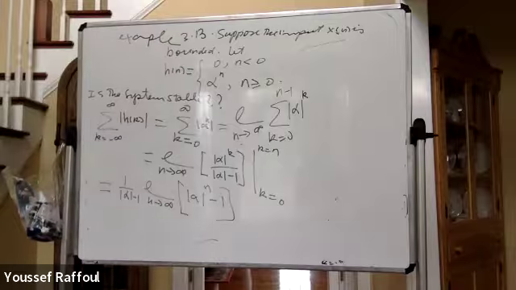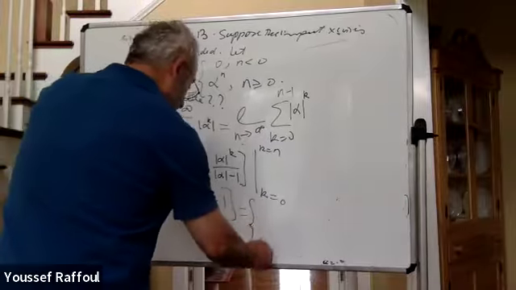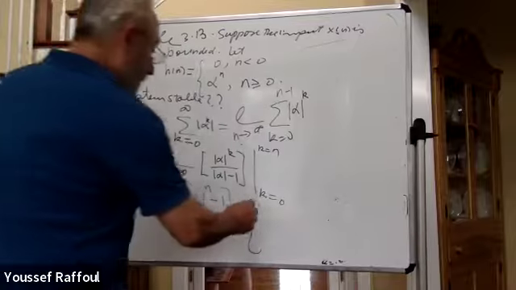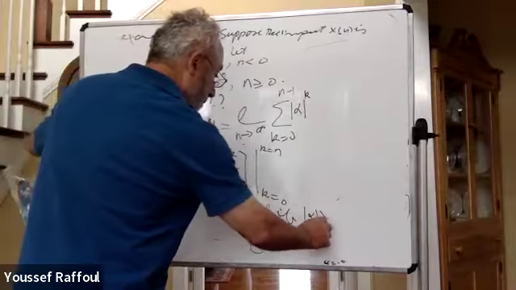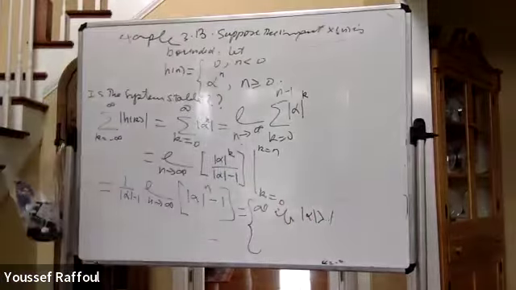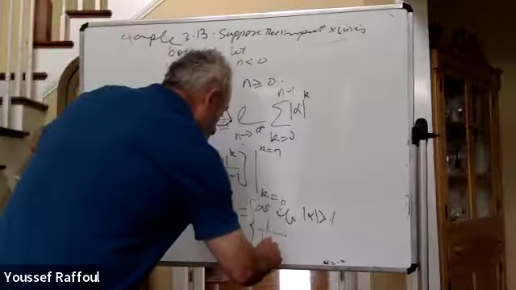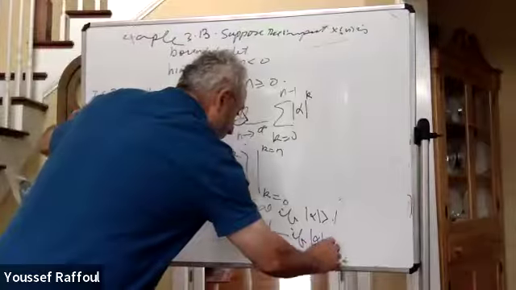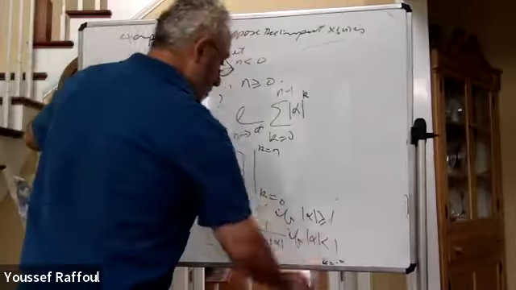All right? And that is infinity if alpha is bigger than or equal to 1, and 1 over 1 minus alpha if alpha is less than 1. Sorry.